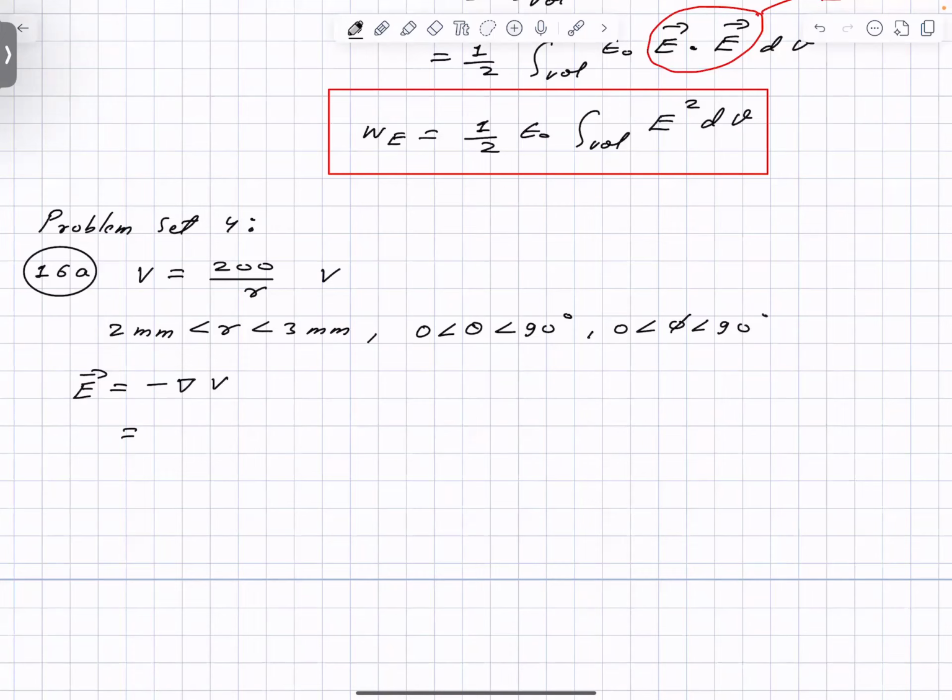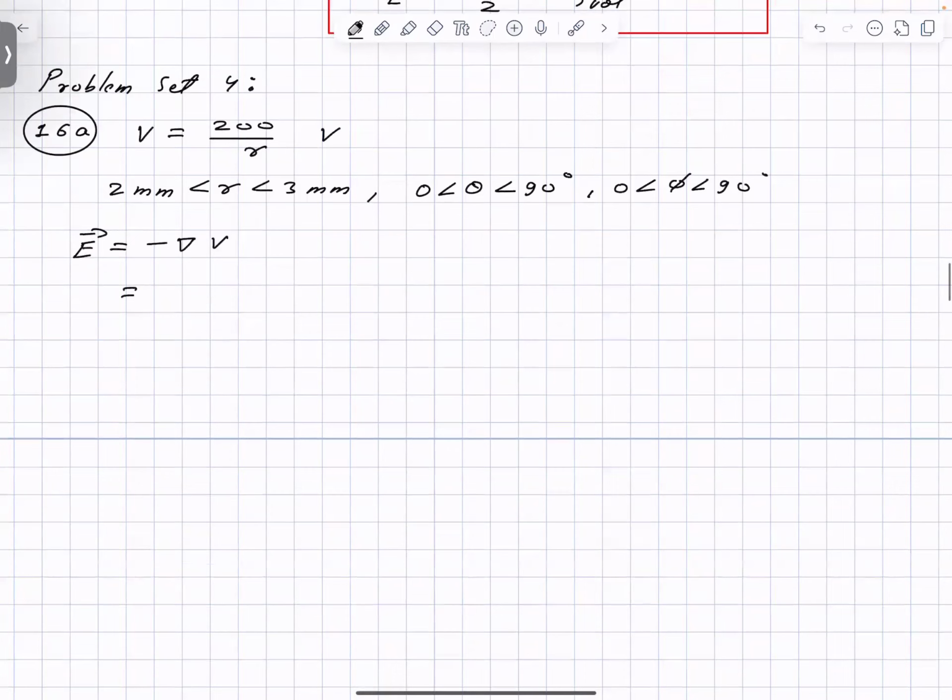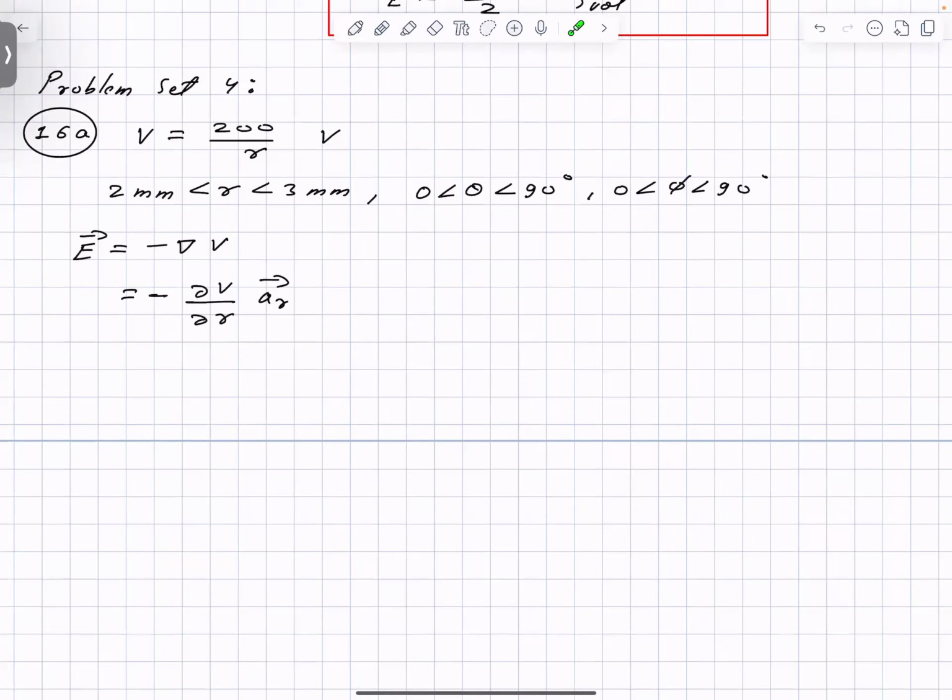In your formula sheet on page 2, towards the bottom, you'll see the expression for del V: the partial derivative with respect to R, times a_R, and also derivatives with respect to theta and phi. But we don't need to write all that, because the given V is only a function of R. The derivative with respect to theta or phi is 0. We just need this term. That is the electric field intensity.